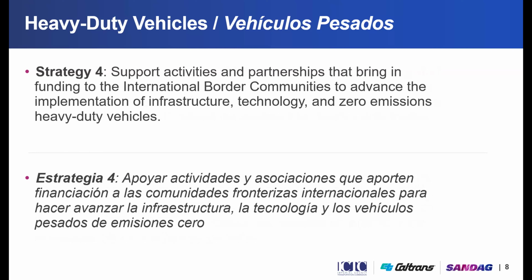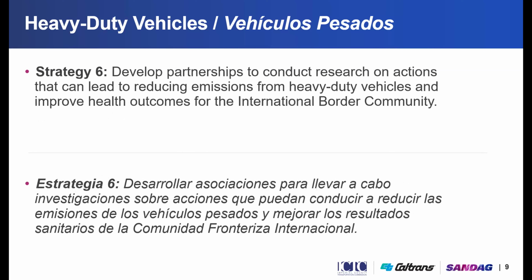Supporting regional efforts to identify sites for charging infrastructure for zero-emission heavy-duty trucks operating in the Otay Mesa region. Next slide. As well as supporting and collaborating in research on actions that reduce emissions from heavy-duty vehicles in the border region. Next slide.